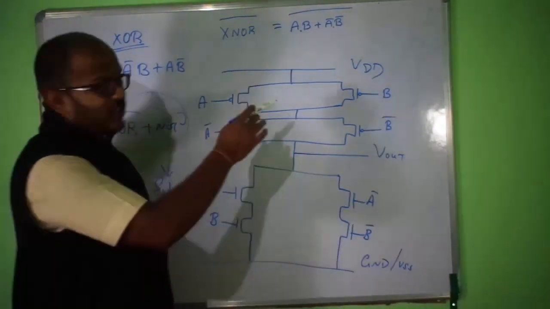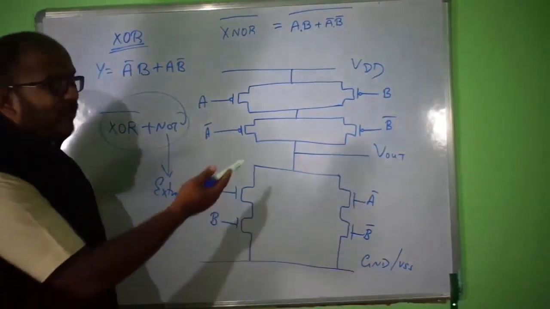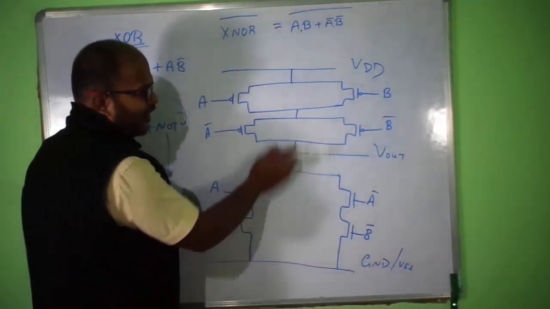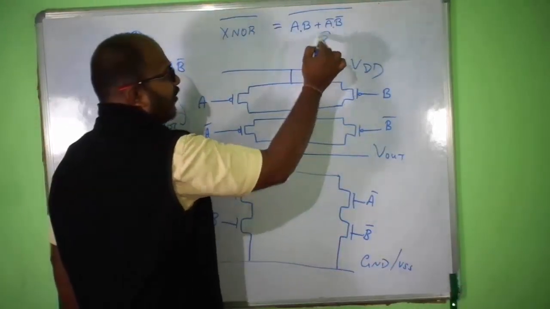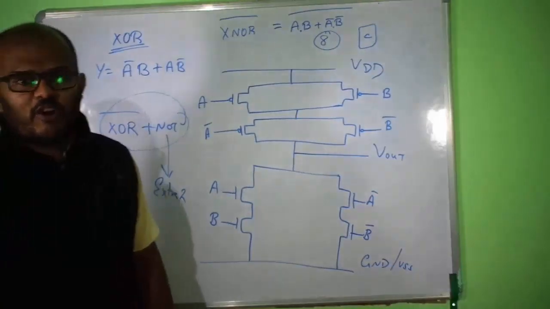So implement XNOR. Anyway, the CMOS itself is giving a complement. That means you will be getting an XOR gate. So how many transistors are required? 4 over here, 4 over here. Total number of transistors is 8. Nothing but option C is going to follow.